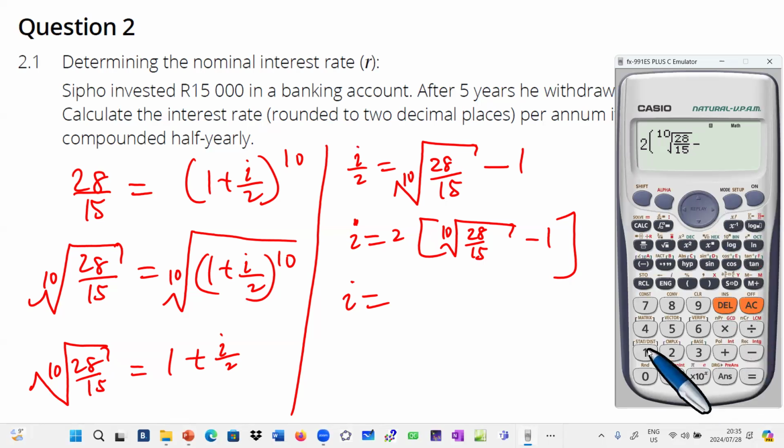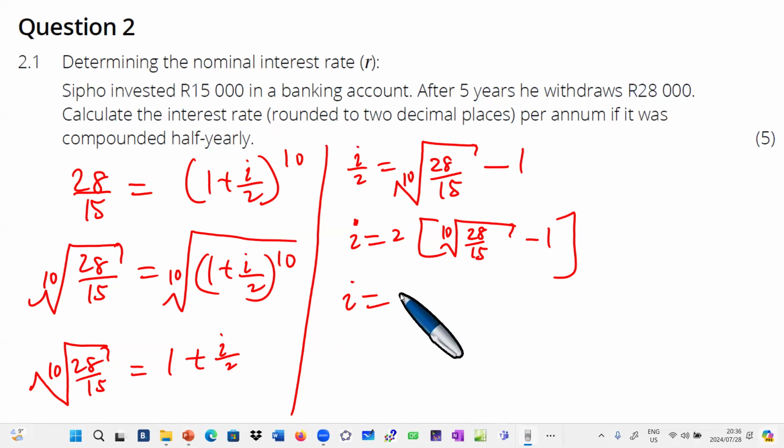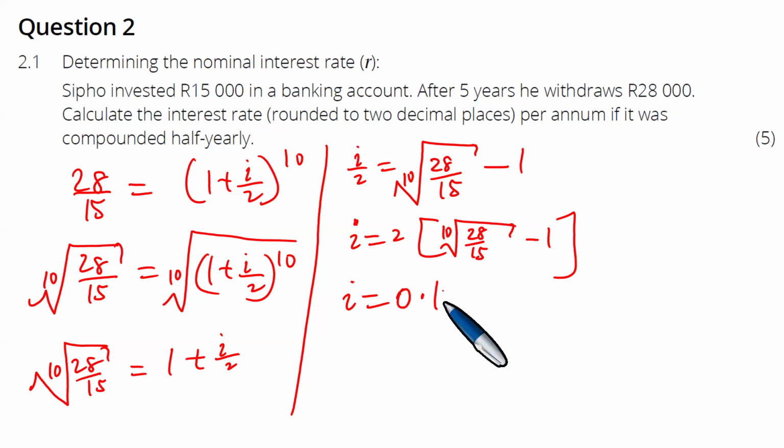So minus 1. And then you get this, and then you get the answer out of this: 0.128, so getting 0.1288.